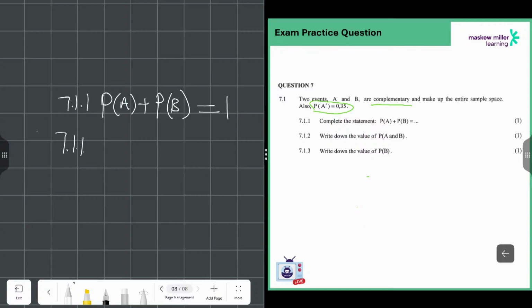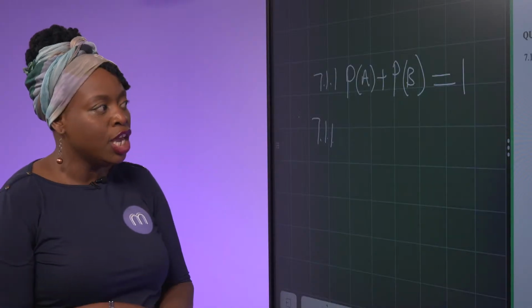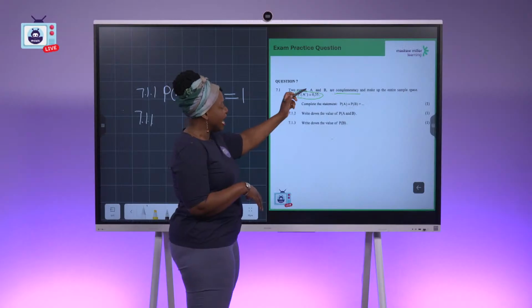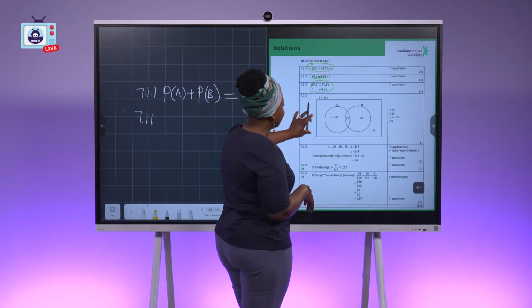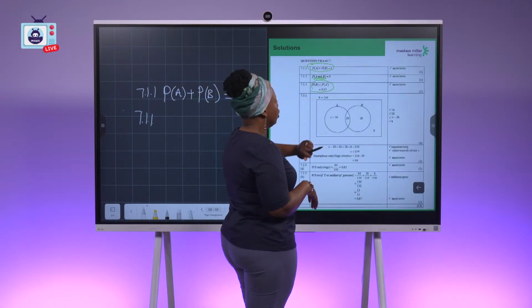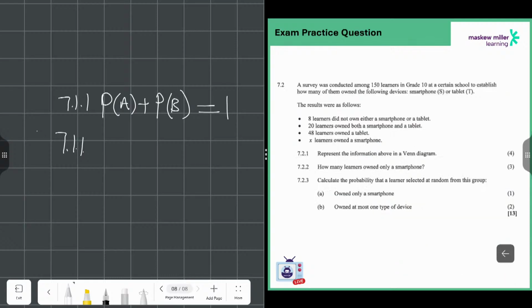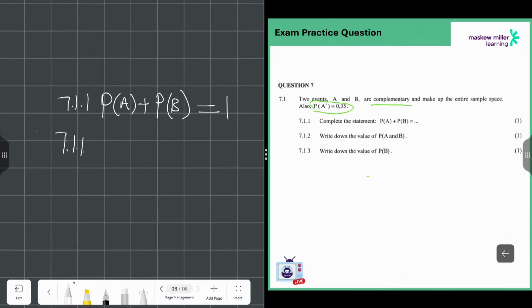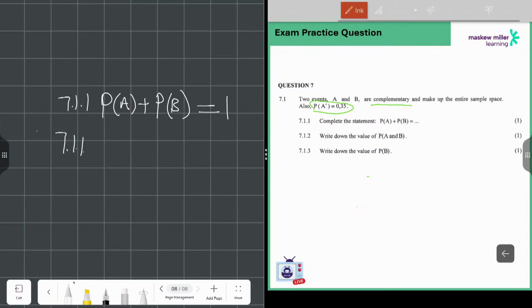To find the probability of B, you would just write the one that is given to us, which is the probability of not A. Suppose that we were given a statement to find the probability of A, which in this case they did not ask.